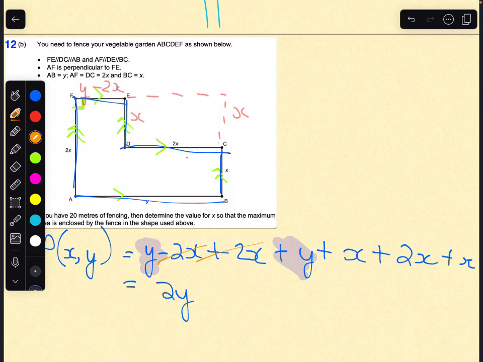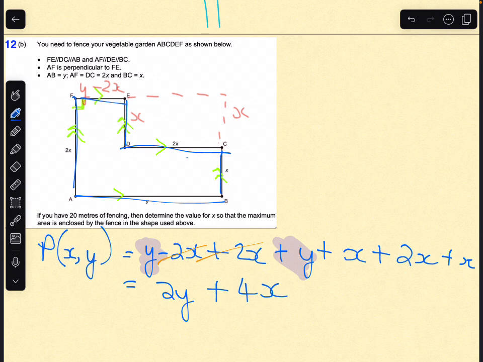And then plus x plus 2x plus x, so that is 4x. Okay, so that's the perimeter. And we are told that 2y plus 4x has to be equal to 20.